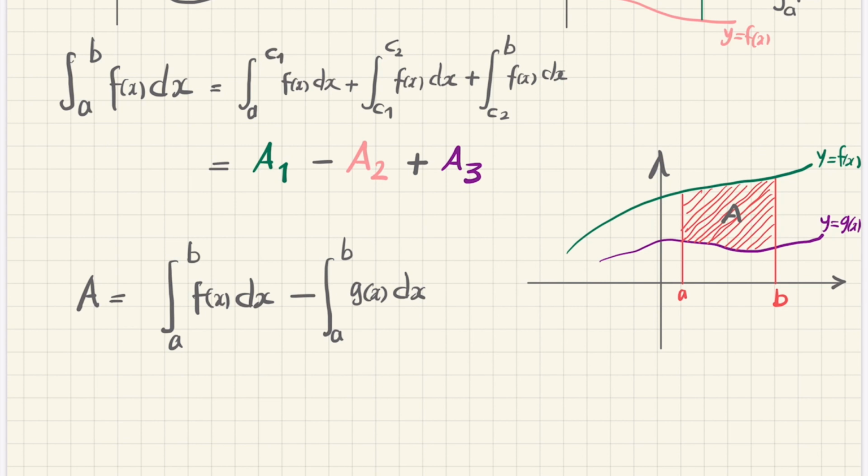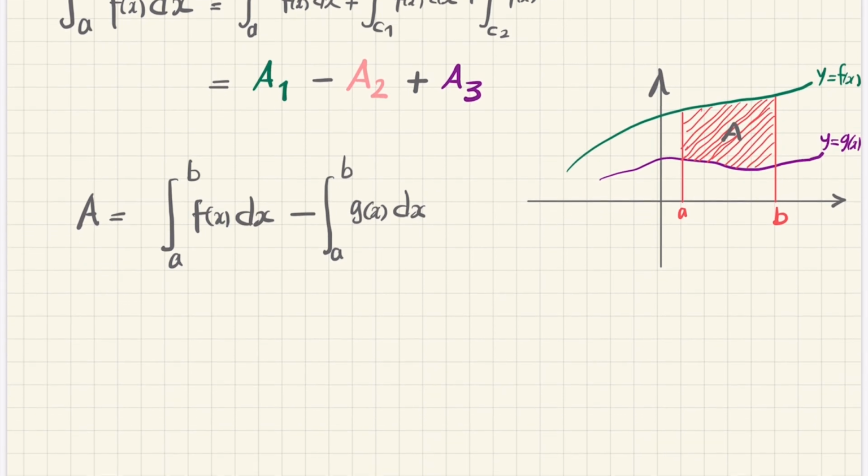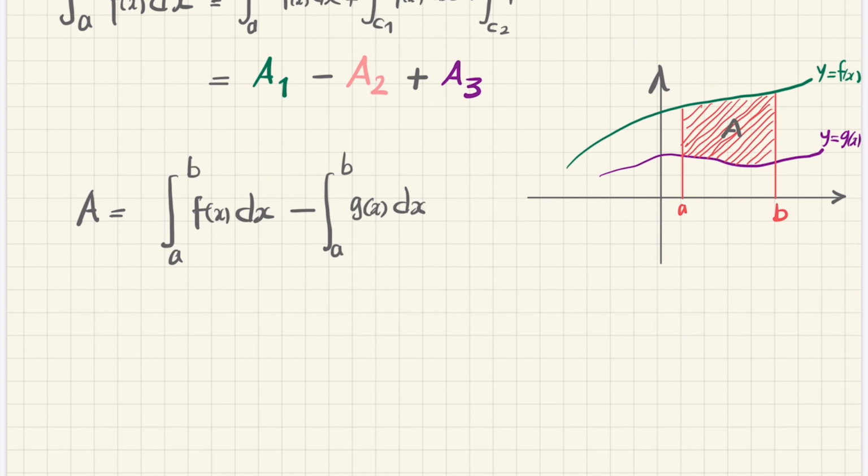And then last time we learned that that's a property of definite integrals, that you can write them as one integral and subtract the integrands, yes? So then finally I have this formula, the integral from A to B, the function which is above minus the function which is below, multiplied by of course dx.